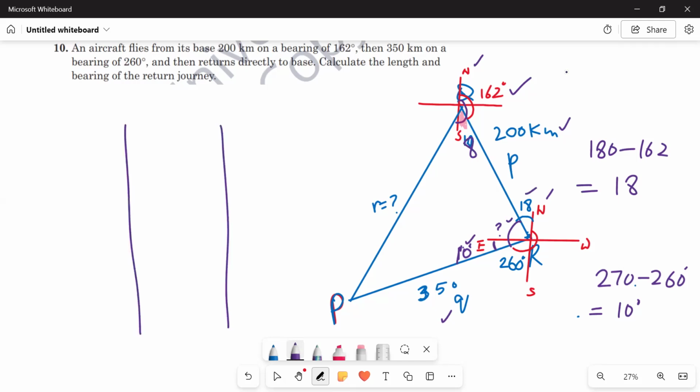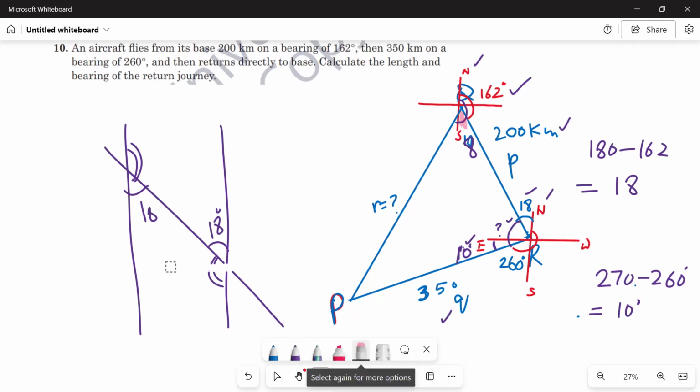When we have two parallel lines and one line is crossing them, then this angle and this angle are the same, and this angle and this angle are the same. So if this angle is 18, then this angle is also 18. Okay, so this is 260, plus 10, plus 18, and the complete round is 360.